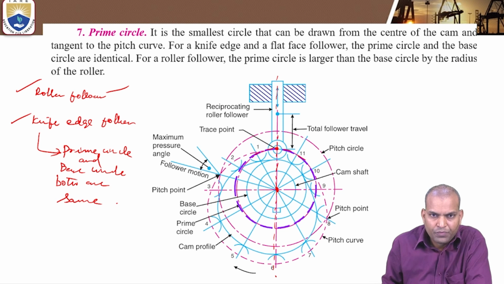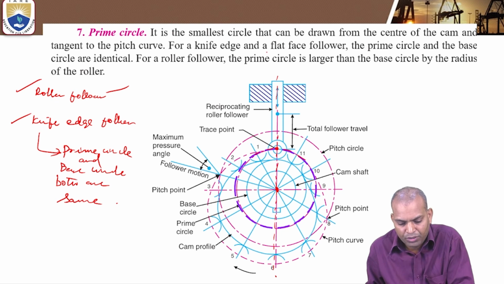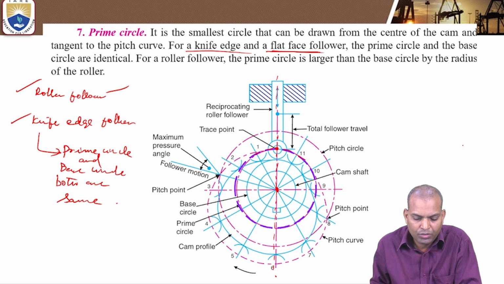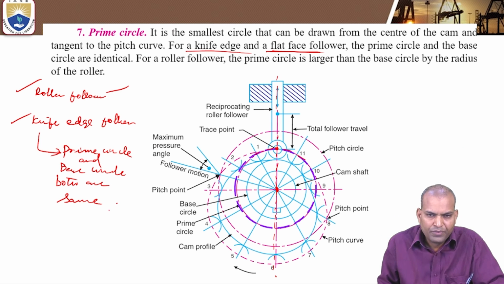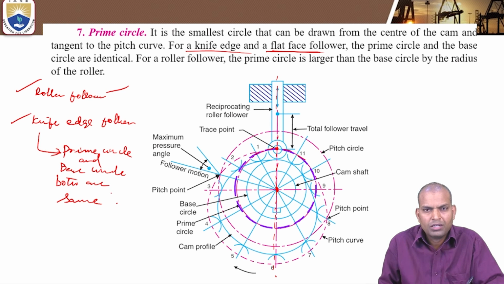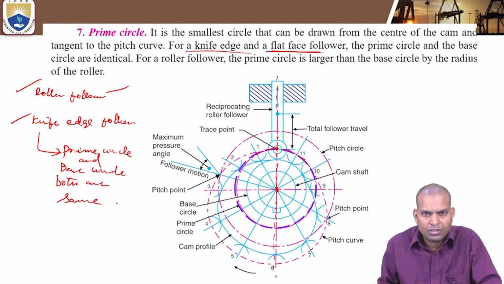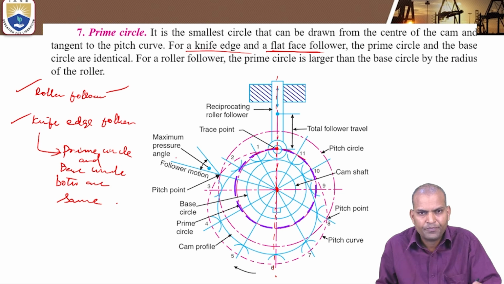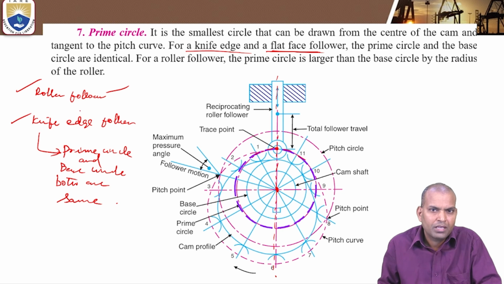And not only knife edge follower but also flat faced follower, the base circle is same as prime circle, both are identical. So that's why here we have shown the roller follower case study, so that we can understand better what a prime circle is. So prime circle is so important for the cases of roller followers.